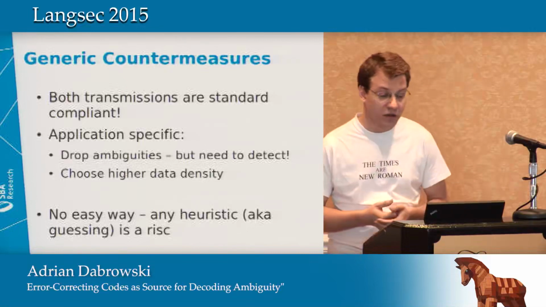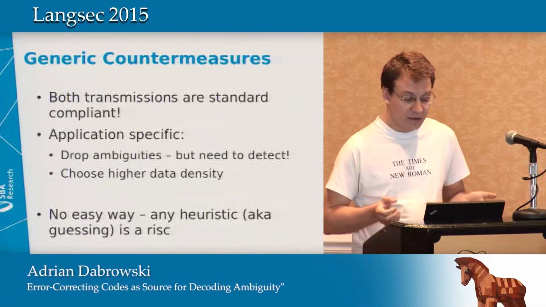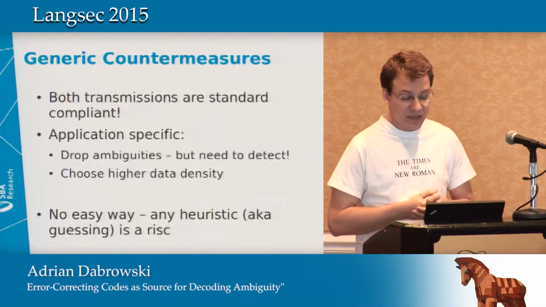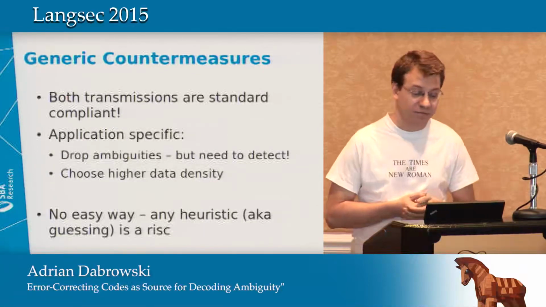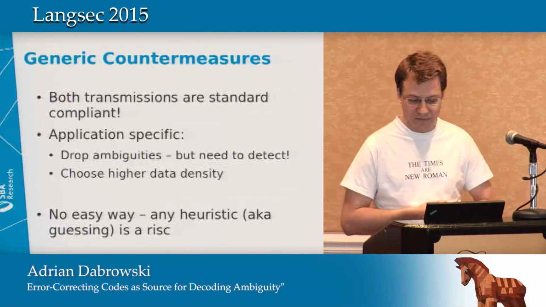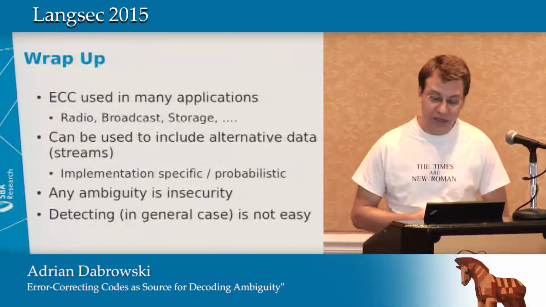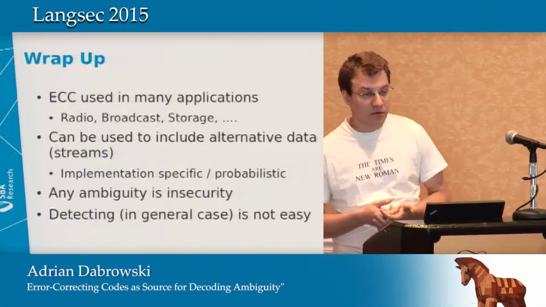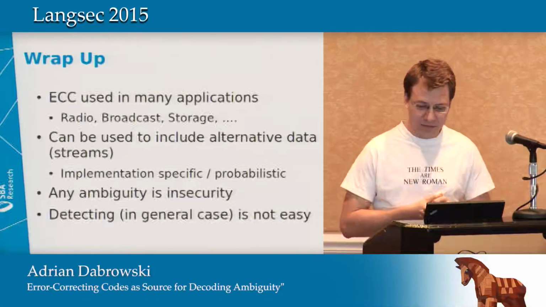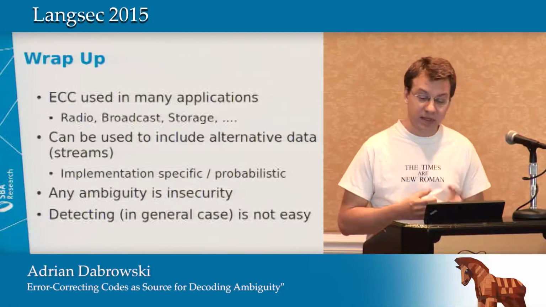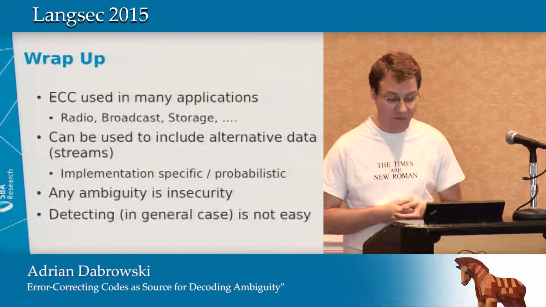You could probably think also of other heuristics, like choosing the data stream that has the highest data density, but in either way, it's a kind of guessing, and ambiguity is insecurity. So to wrap things up, the main conceptual problem with countermeasures in this area is that ECCs, or error-correcting codes, are designed to transparently hide any modifications from the processing layers above.